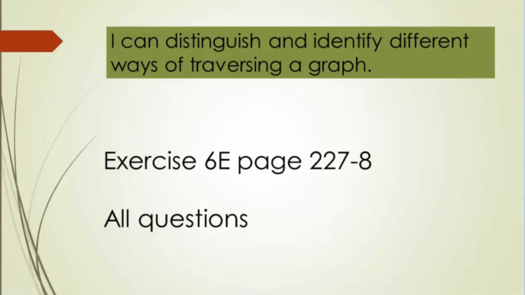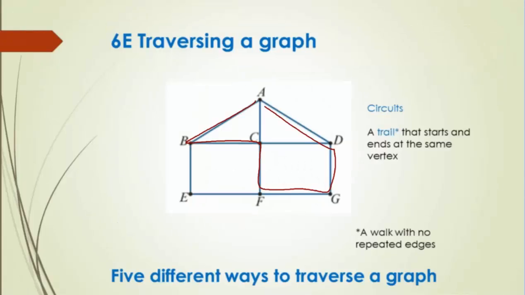6E, you can identify and distinguish different ways of traversing a path. Now look, they use these words in technology. This has not just been made up to keep you alive or anything. They do use these terms in networks, which are social networks, sewerage networks, the poo pipes, or they are the same thing.